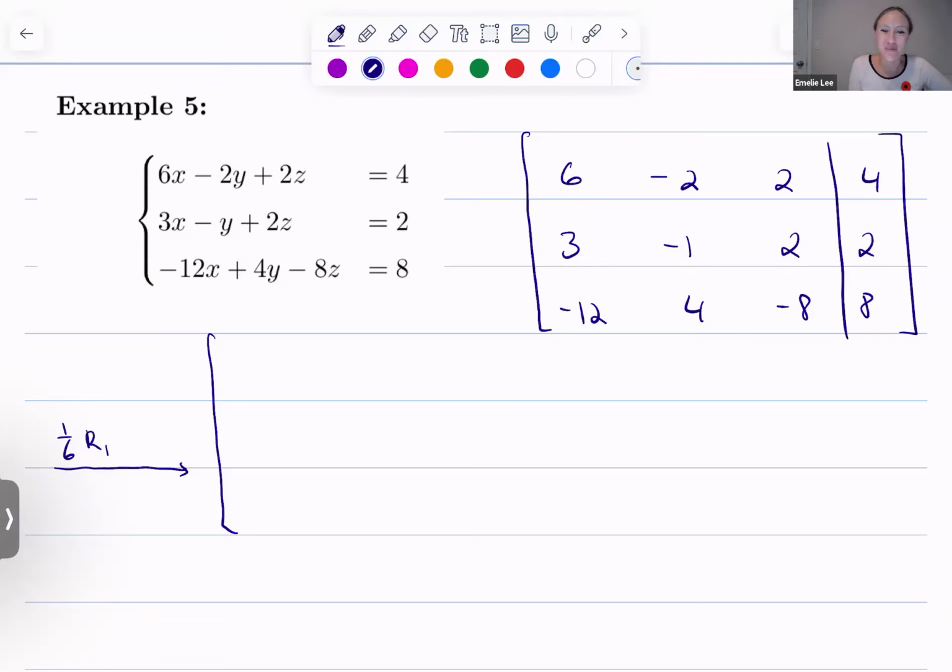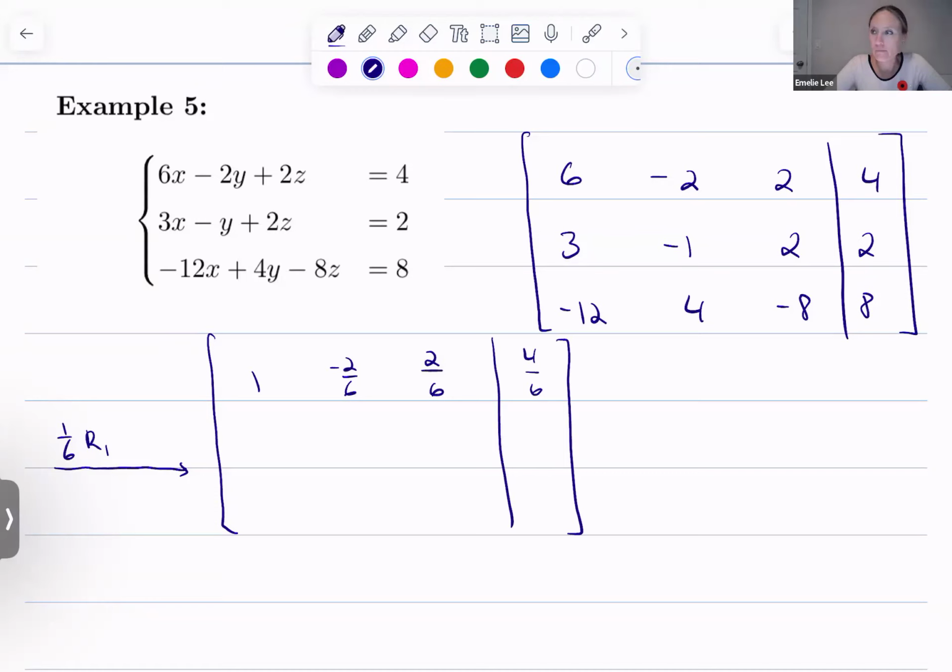You're always allowed to change your mind, start over. But 1/6 times R1 makes 1, -2/6, and +2/6, and 4/6. You can simplify those if you want to.